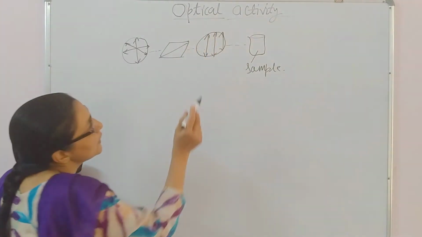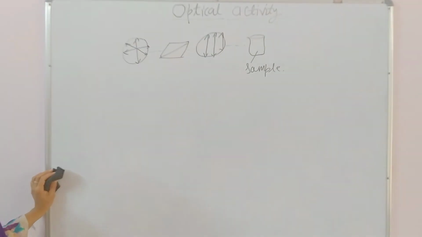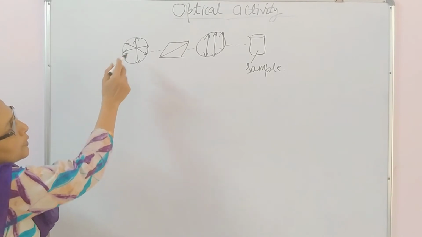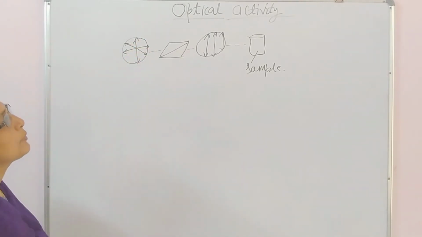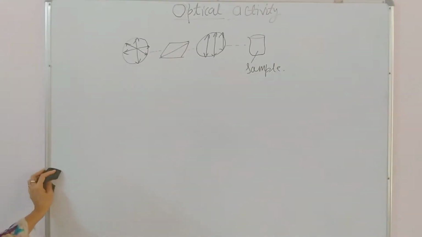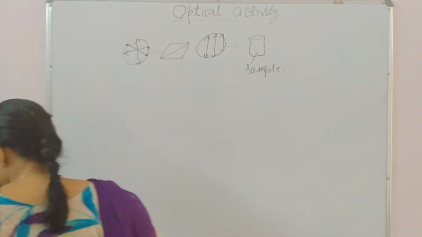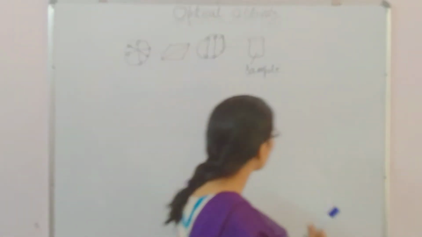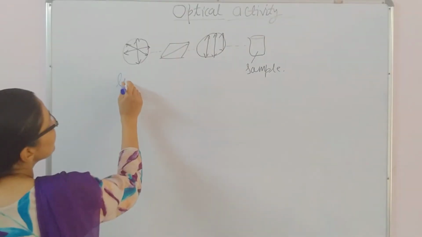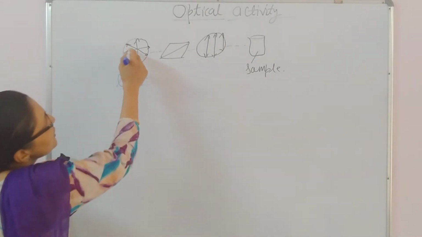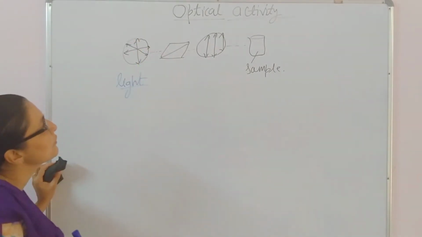What is an optically active compound, or a compound which will show optical isomerism? For this purpose we have to learn some technical terms of optical isomerism. Here this is light. Normal light, having electromagnetic properties. We can say that light radiation goes in all directions.